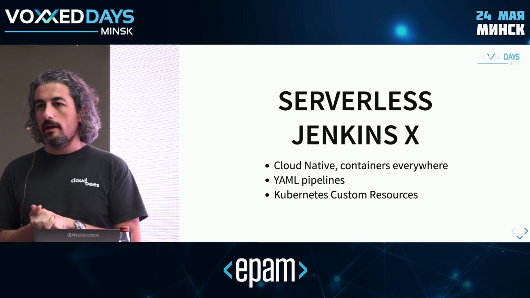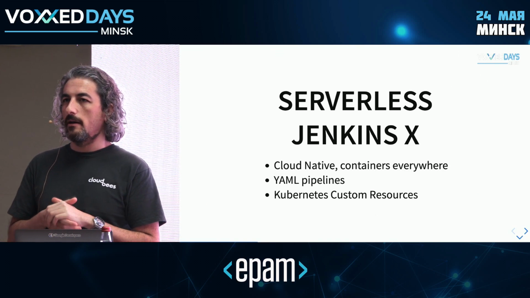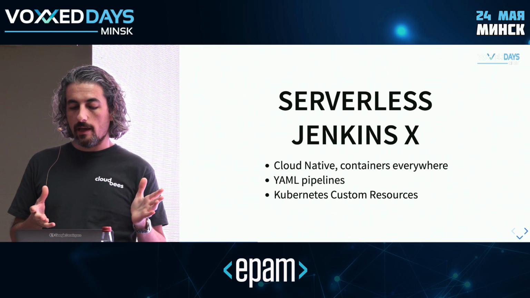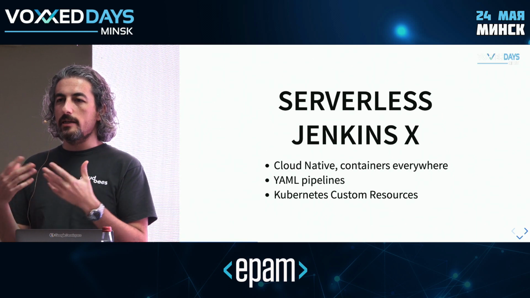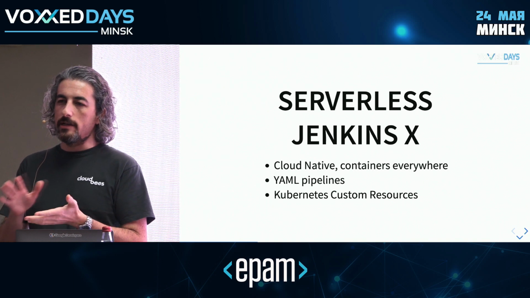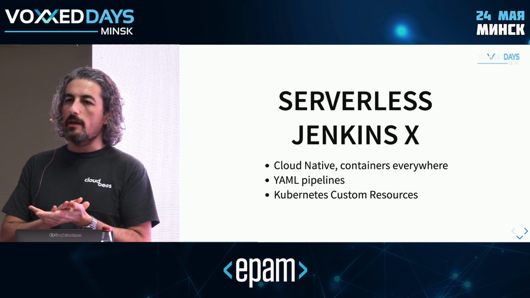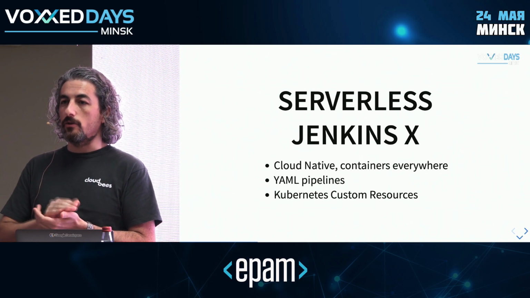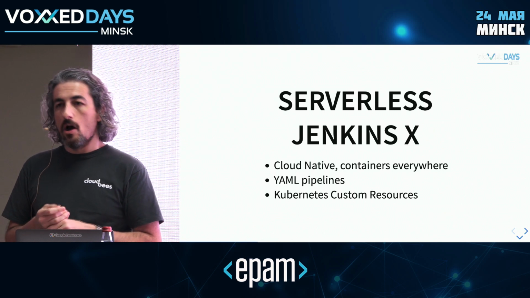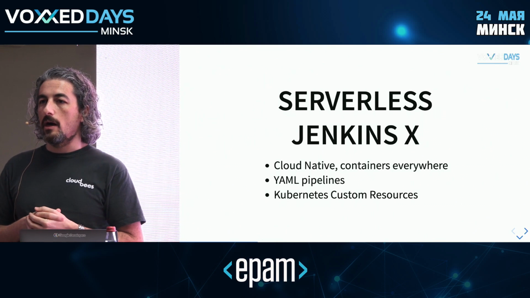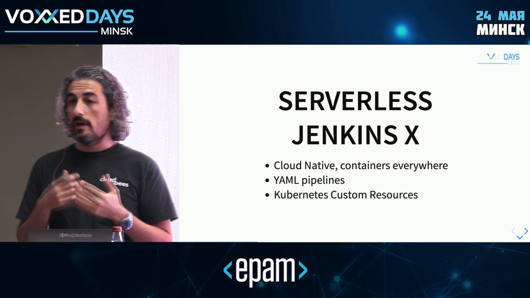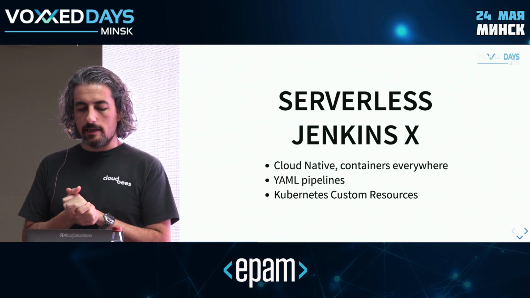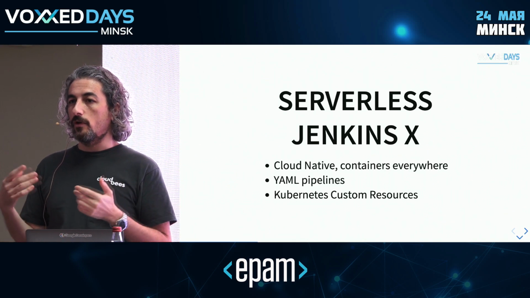So you have two options to run Jenkins X projects and builds. You can do the traditional Jenkins, so you can run a Jenkins master in Kubernetes, and Jenkins X will treat it as a Kubernetes deployment, and it's going to store data in Kubernetes that you can access using the Kubernetes APIs. Or the newest way that we are building is the serverless Jenkins X. Serverless Jenkins X is a cloud-native way of doing your builds.